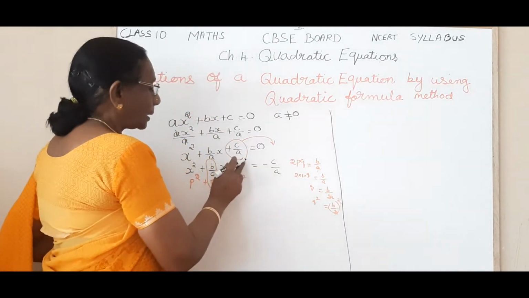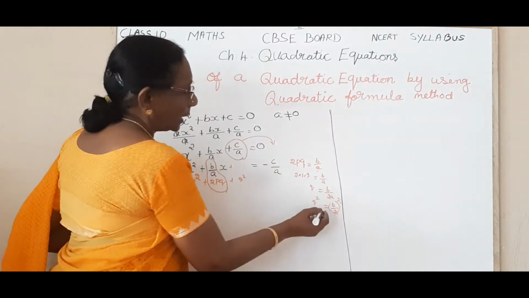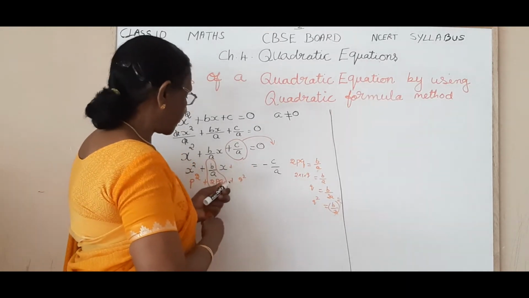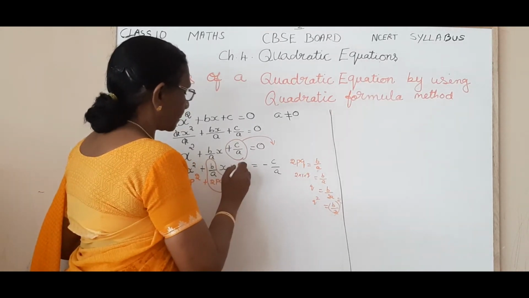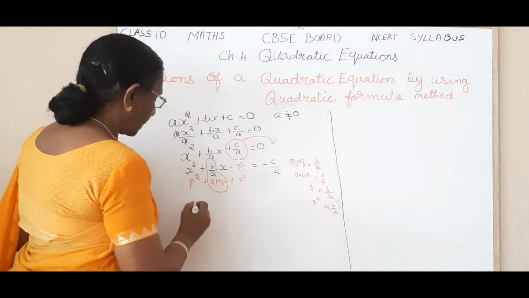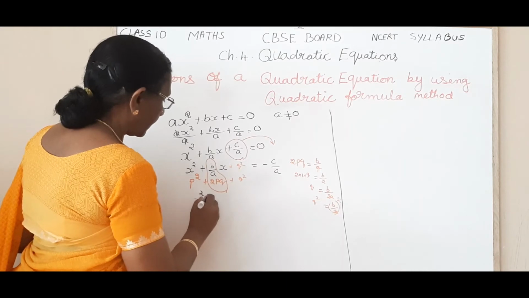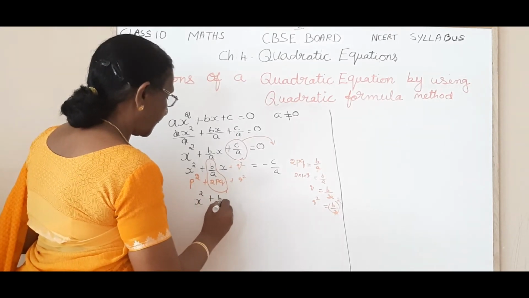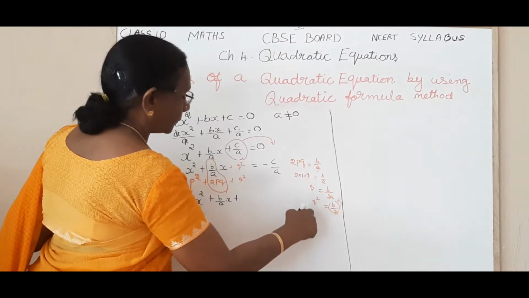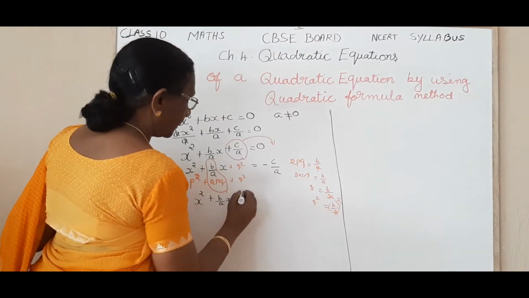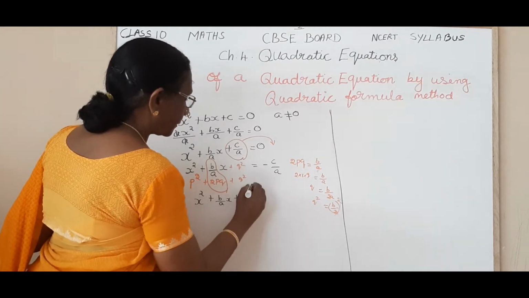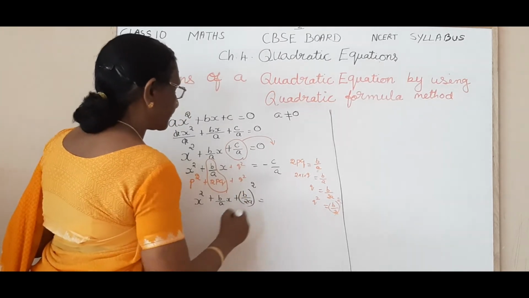Okay, so in the place of q square, let it be q square. We will write one more step so that you can understand clearly. So it is x square plus b by a x plus, what is the value of q square? b by 2a the whole square is equal to.